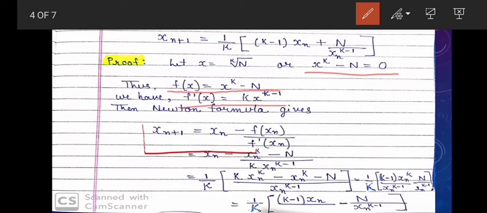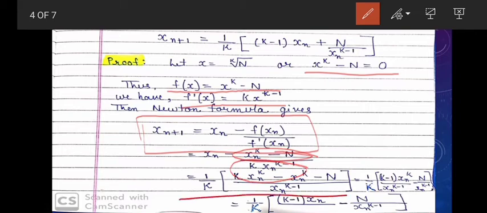Now this is Newton's formula. With the help of Newton's formula, we will substitute all the values, and after calculation you will get this formula. So it's all on you: if you solve this one time in your copy, then you will understand how we got this formula. It needs practice. It's simple calculation.